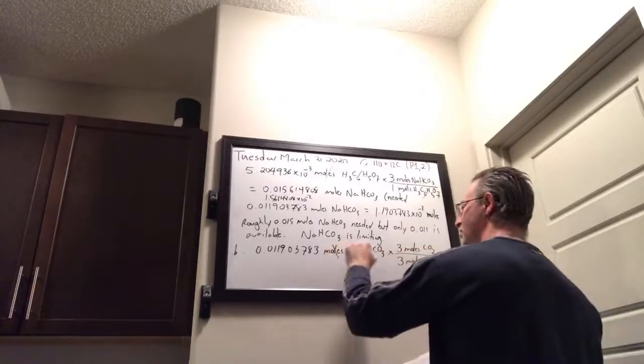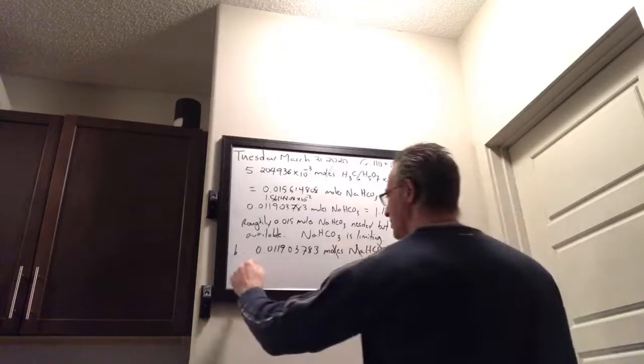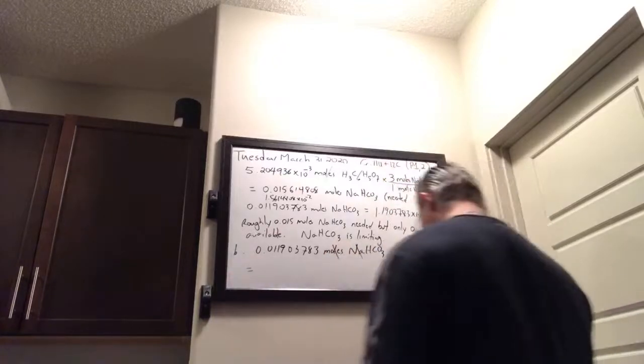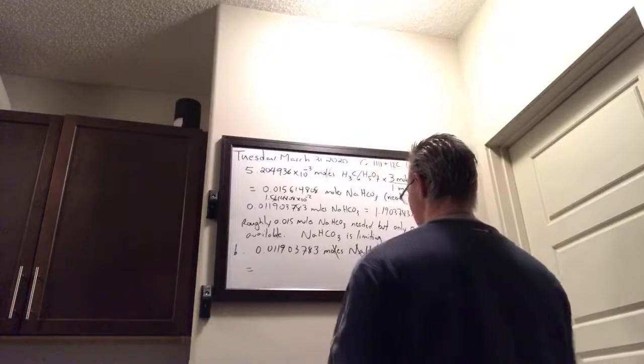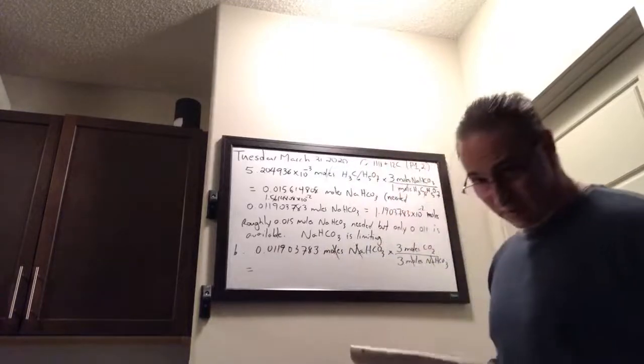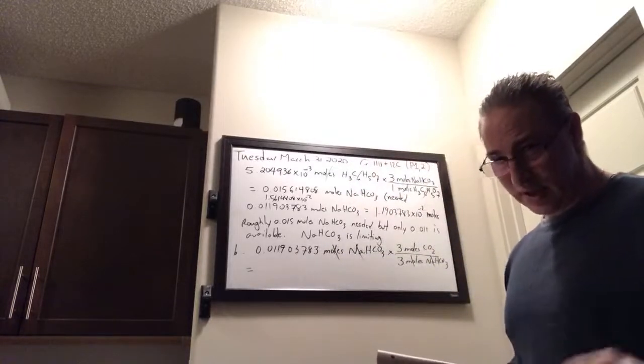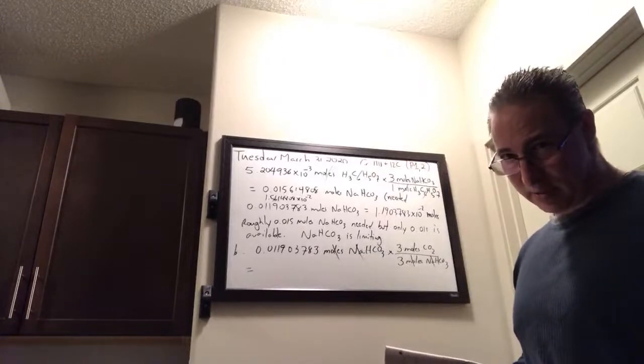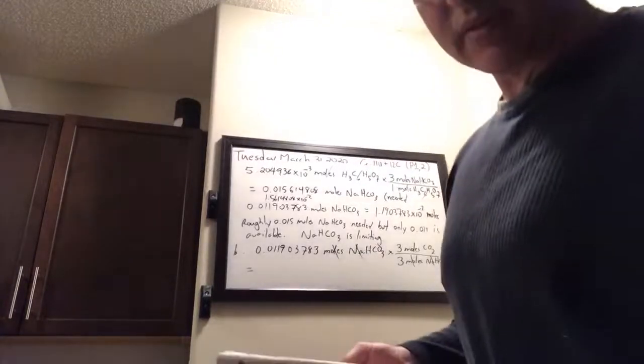That allows us to cancel moles of sodium bicarb. So what we're going to get is that many moles essentially, because 3 over 3 is 1. So you get the same number of moles of CO2 generated as you had of the sodium bicarb in the beginning of the reaction.